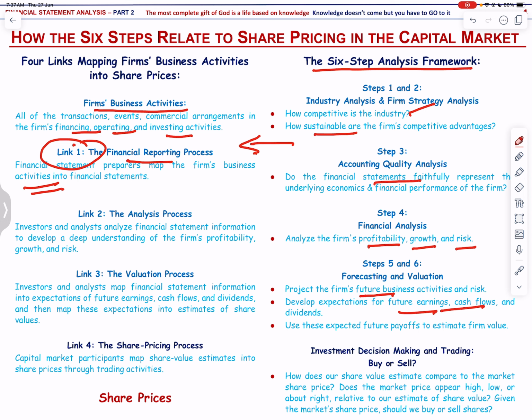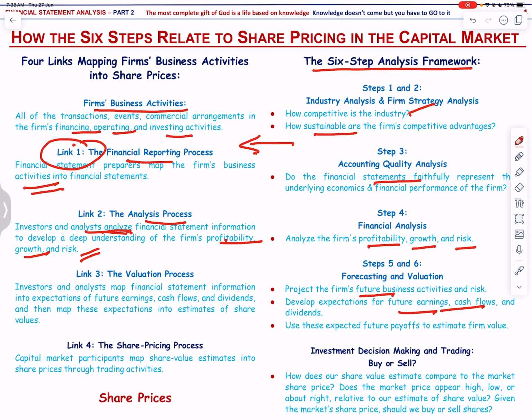The second link in the share pricing process is the financial analysis. Here, investors and analysts study the firm's financial statements to gain insight into profitability, growth prospects, and risks.